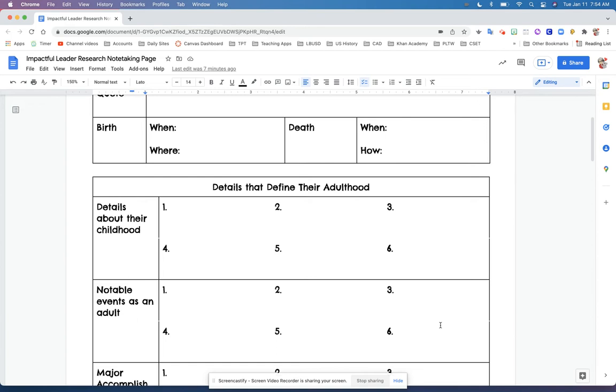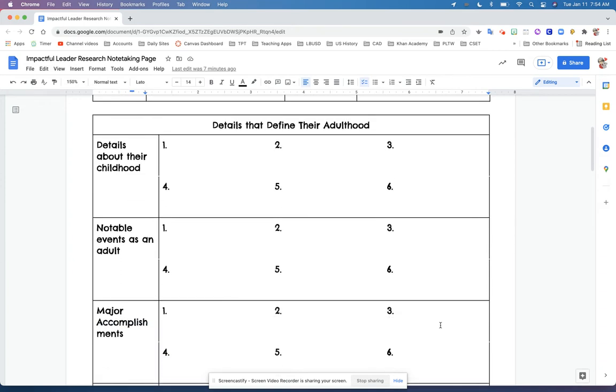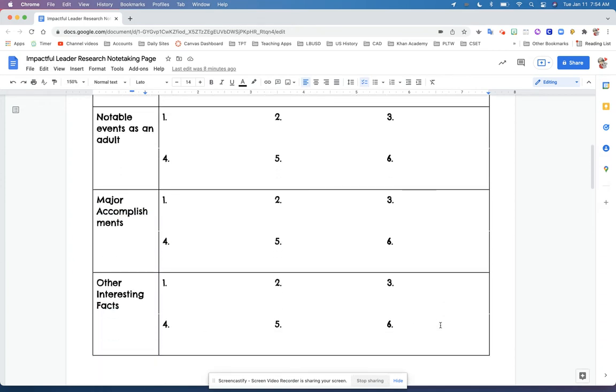Include an event. Let's say, for example, their mother passed when they were very young. Include that, because these are things that have an impact on how a person makes their choices as an adult. They define their adulthood. Okay. Now, notable events as an adult. So things that happened as an adult to this person.